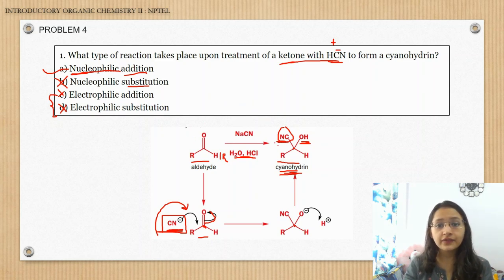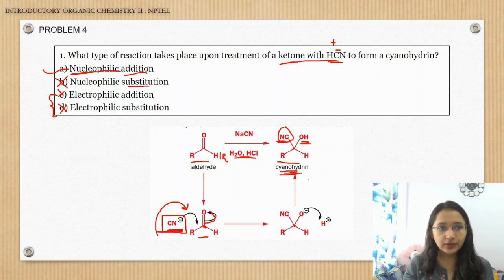If it is not substituting or replacing any substituent in this particular starting material, then it is not going to have a nucleophilic substitution. It is only adding up on the carbon and nothing else. All right, so we have the answer. Nucleophilic addition is going to take place when we treat a ketone with HCN to form a cyanohydrin, right? I hope this answer will be clear to all of you.